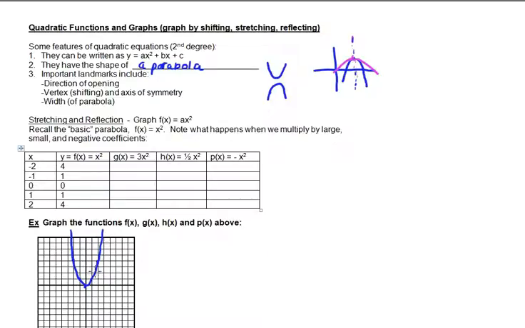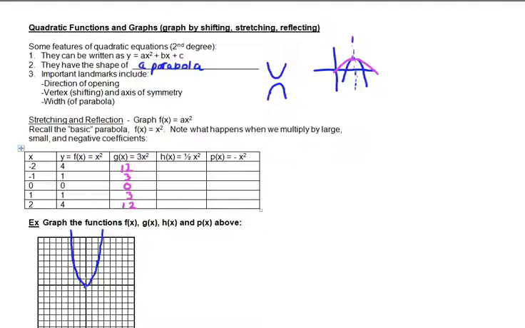If we wanted, for example, to triple the height, here we have g of x is equal to 3 times x squared, so that coefficient will triple the y value or the height of that graph. Rather than recalculating everything, I can just take these y values and triple them. So 3 times 4 gives me 12, 3 times 1 gives me 3, 3 times 0 is 0, and 3 times 1 is 3, and then 3 times 4 again gives me 12.